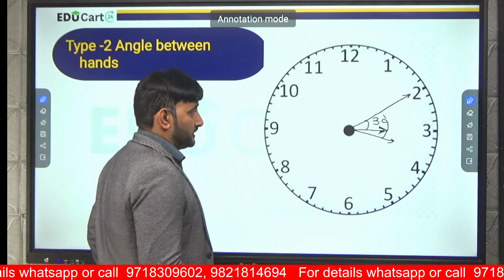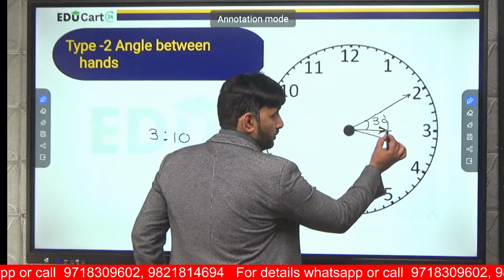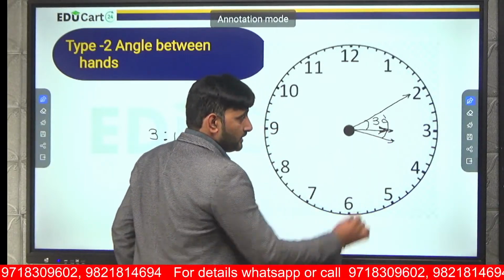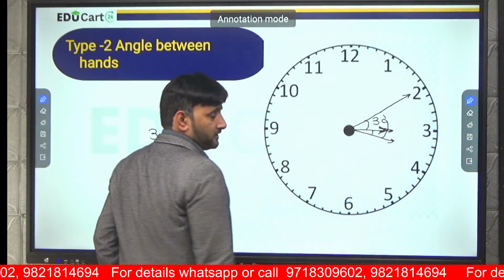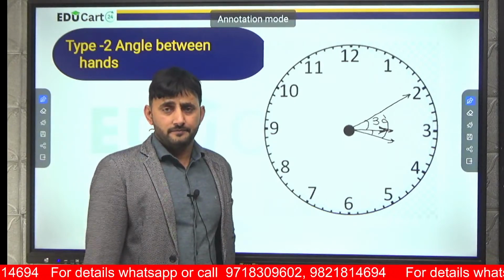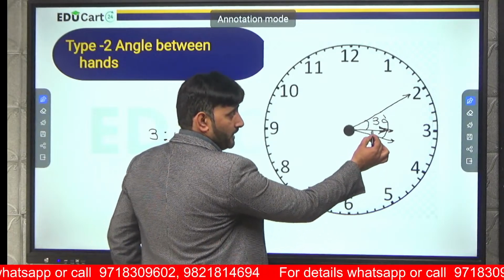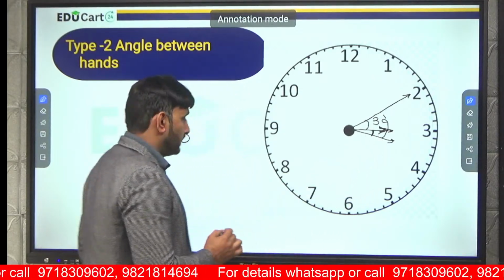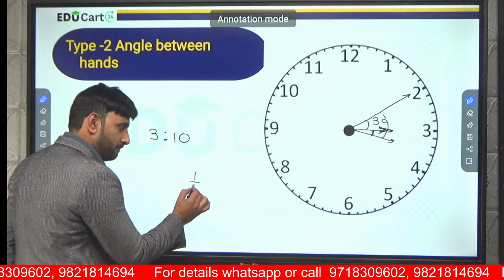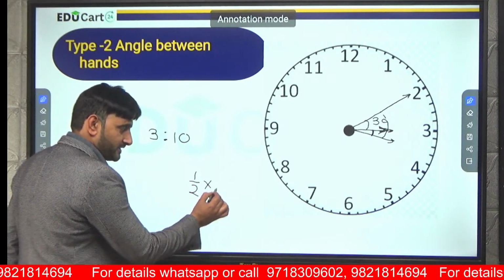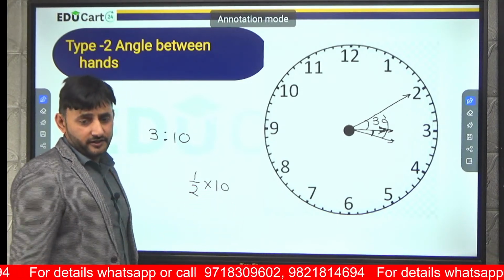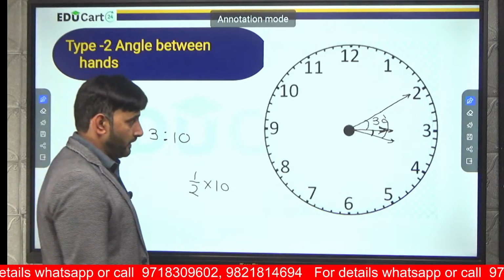Now let's do one thing, let's check this. At 3 o'clock our hour hand was here. So how much time has passed after 3 o'clock? 10 more minutes have passed. In those 10 minutes, how many degrees will the hour hand move? The hour hand moves half a degree per minute. So in the next 10 minutes, how much further will it go? 5 degree more.